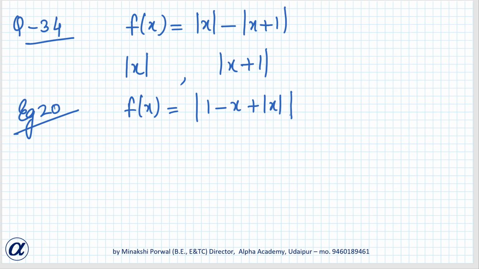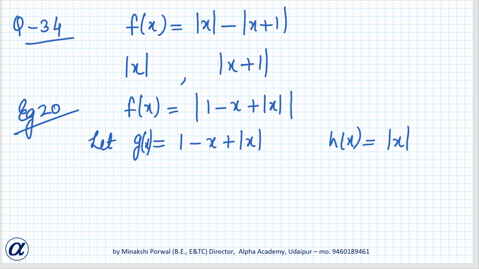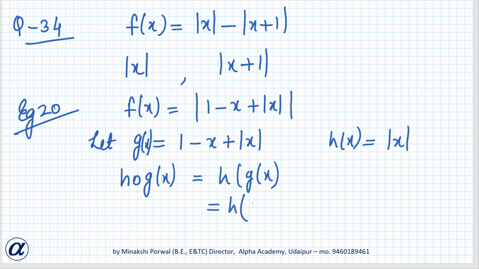Let g(x) equals 1 minus x plus mod x, and h(x) equals mod of x. If we find h of g(x), that is h of (1 minus x plus mod x), that is equal to mod of this thing.